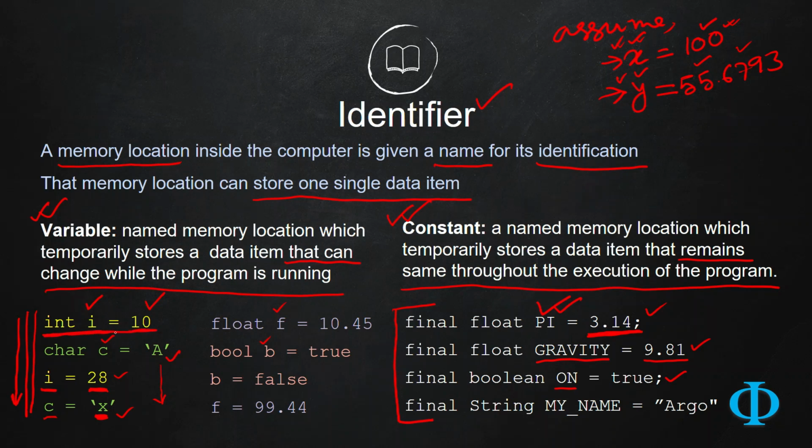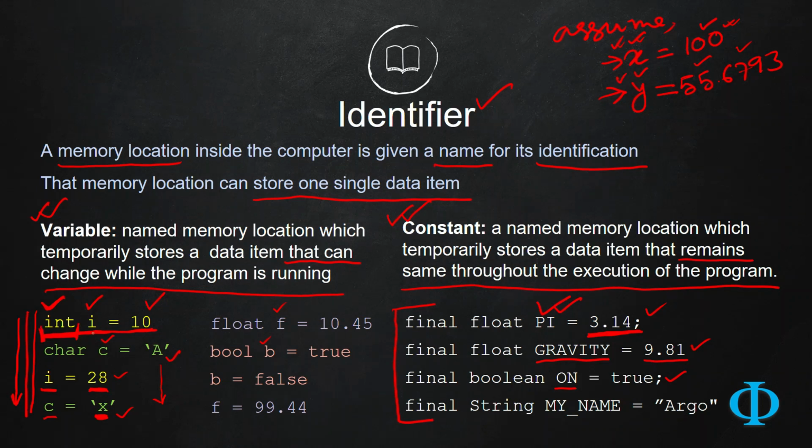What I am doing in here, in the beginning I am specifying the type of data item that the variable is going to hold. That is the data type of that variable. For example, in here in this first line, I am telling the Java program that, well, variable I is going to hold a data item of type integer, and that's why I have used int here.